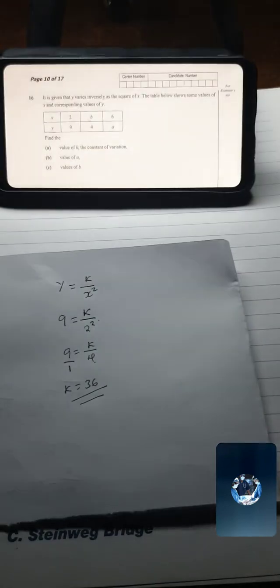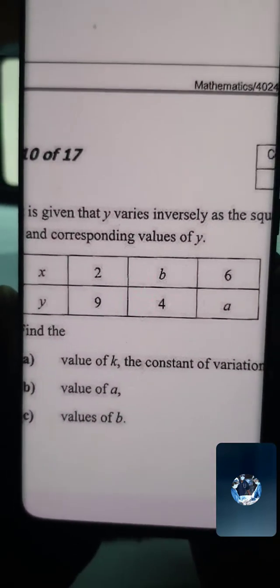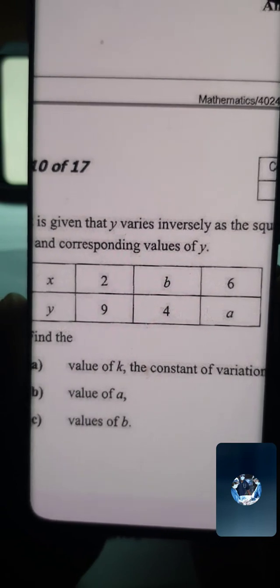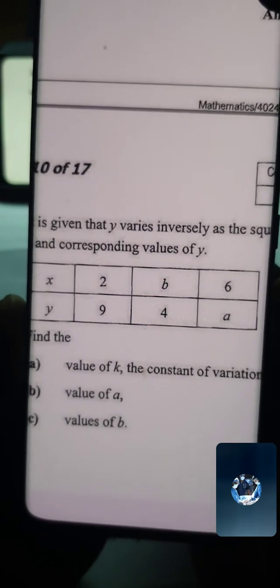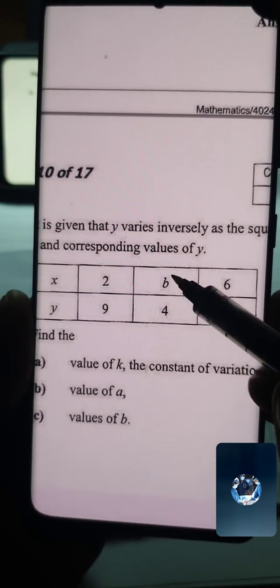Find the last one. We are finding b. So where there is y, we are putting what? We're putting 9. The corresponding of b is 4. We're putting 4.